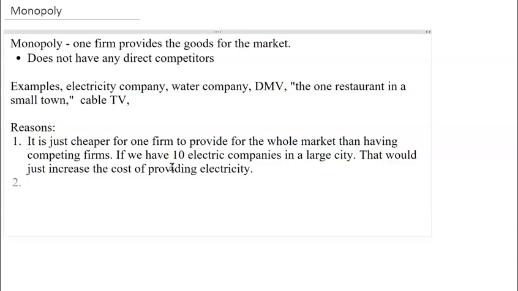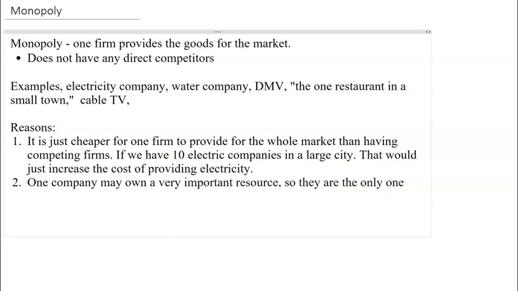It may be that one company owns a very important resource, so they are the only ones providing it. This could be true in many countries, where the state-run company owns all the oil fields.